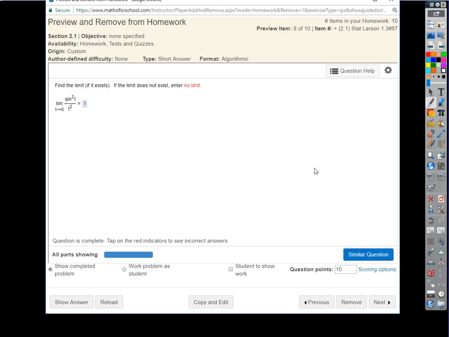Okay, so there's something. So sine squared t over t squared. Let's look at that one, as t approaches 0. Okay, what I'm going to recommend here, what do you guys tell me?